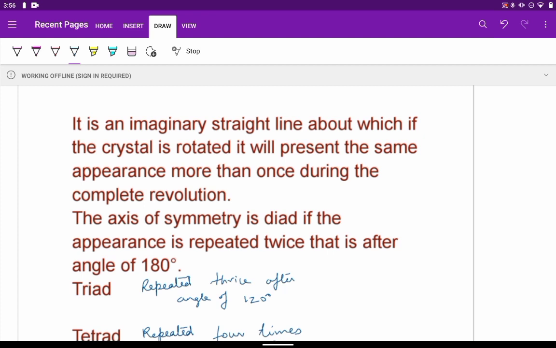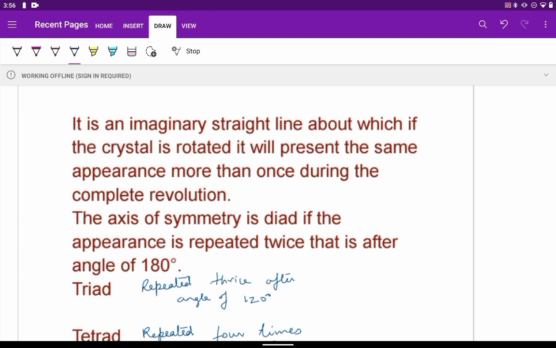If the axis of symmetry is diad, the appearance will be repeated twice. That is, we start rotating, and after a rotation of 180 degrees we come to the same appearance from which we started. Then the axis of symmetry is diad.